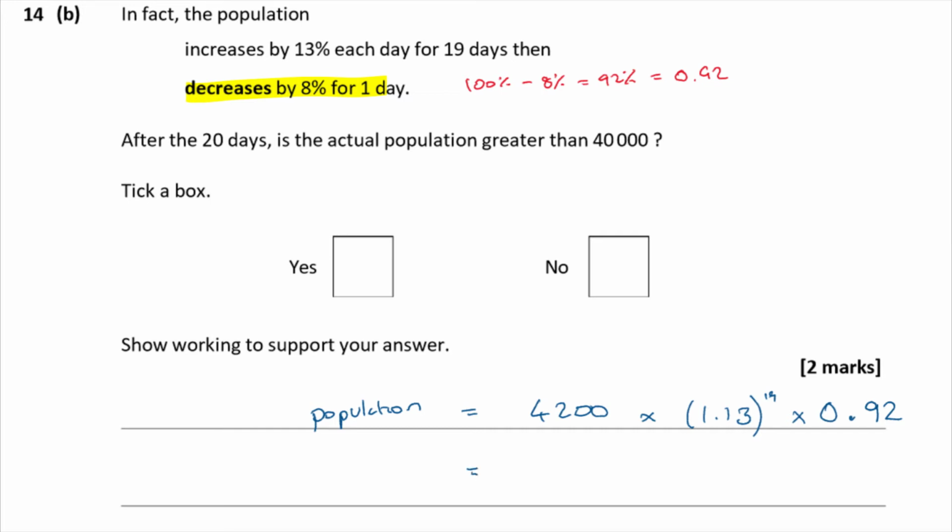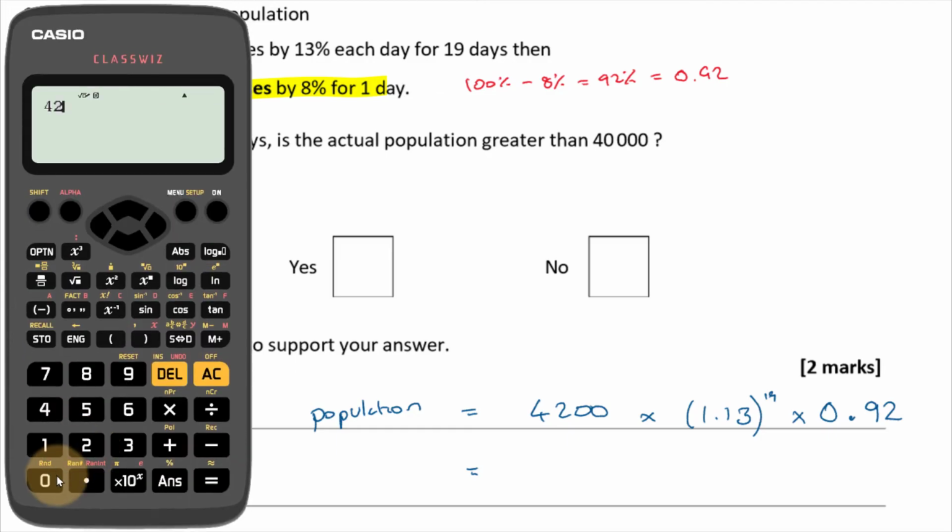What's that then? So 4,200 times 1.13 to the power of 19 times 0.92. That comes out to be 39,402.8.